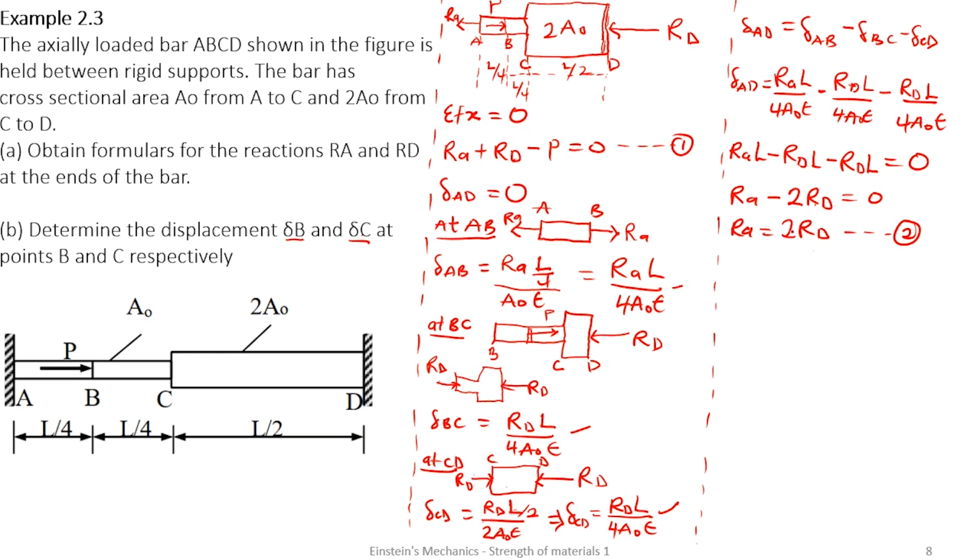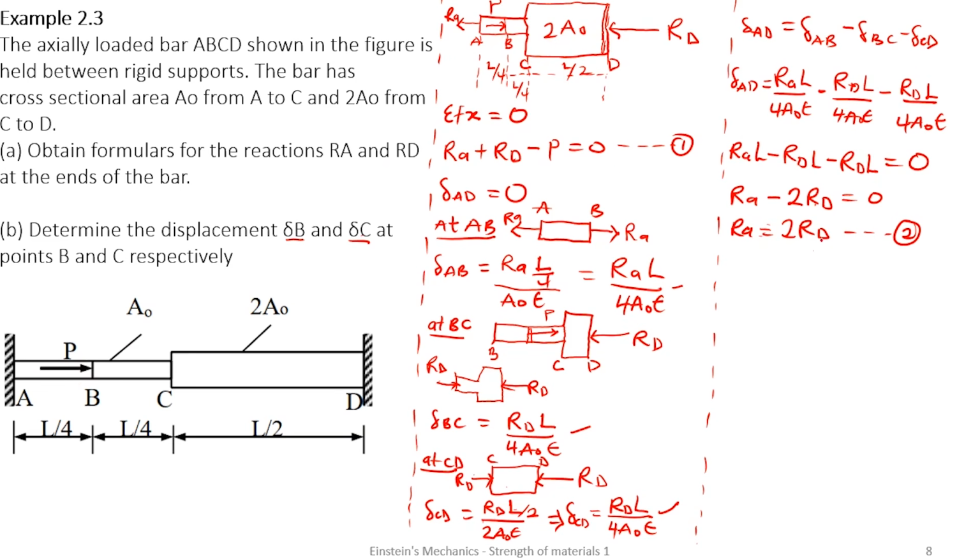Now we can bring equation 2 for RA into equation 1 and find them in terms of what? P, because P is the only force acting in the bar that we know the magnitude. So we can play with them to get what?